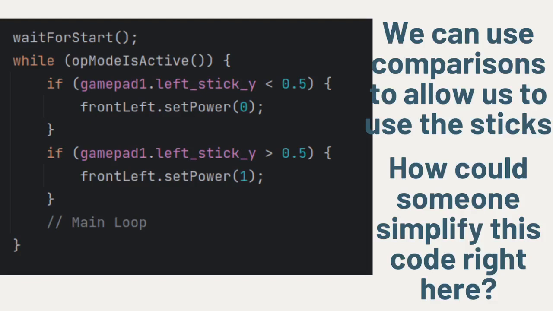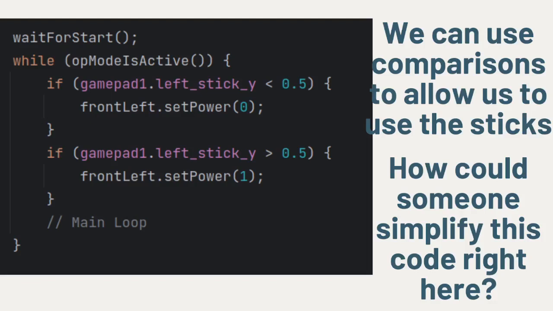If it's more, it'll give it power. Exactly. So you just move it. And remember, 0.5 is actually down on the stick. That might be confusing, because you might think -0.5 is down. It's +0.5. And remember, the Y is the Y-axis, so it's up and down. So when you go more than 0.5, it's going to go to 1. When it's less than 0.5, it'll stop that motor.